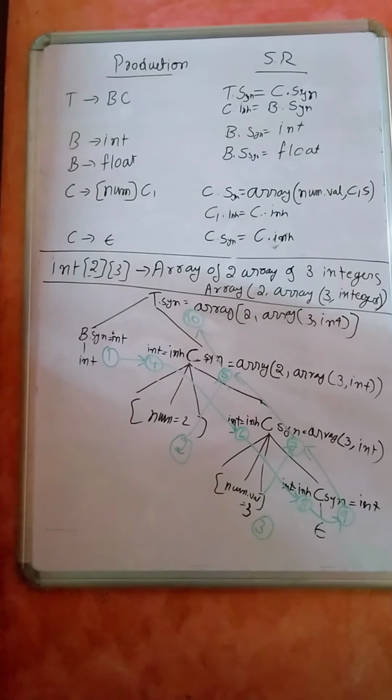So there are 3 chapters in the 5th module. I have covered this SDT. Next I will cover the intermediate code generator, ICG. I'll not cover the code generator, that is the last phase of your compiler.